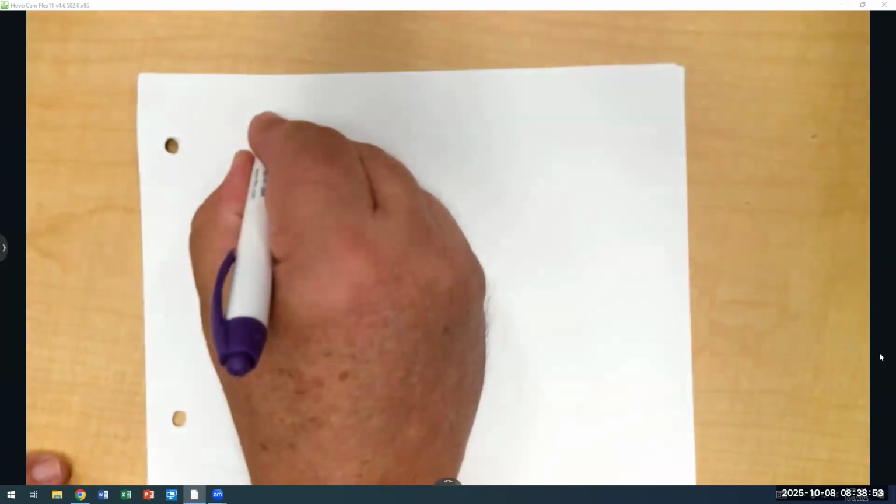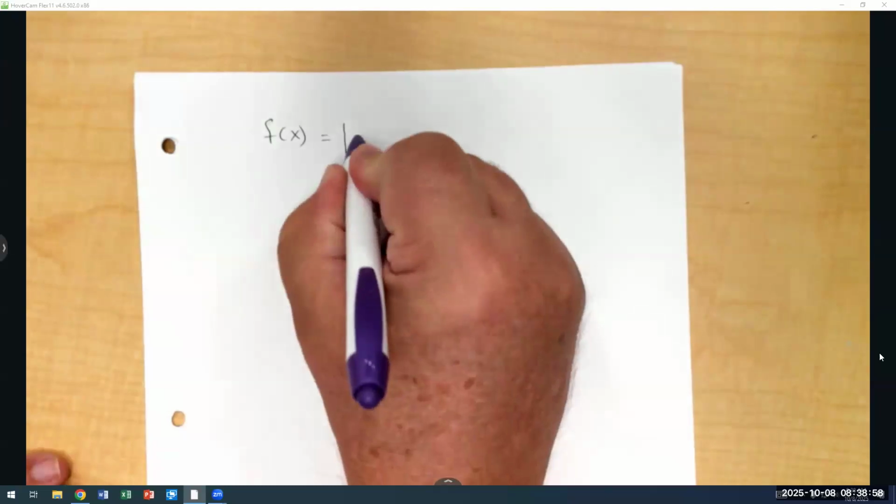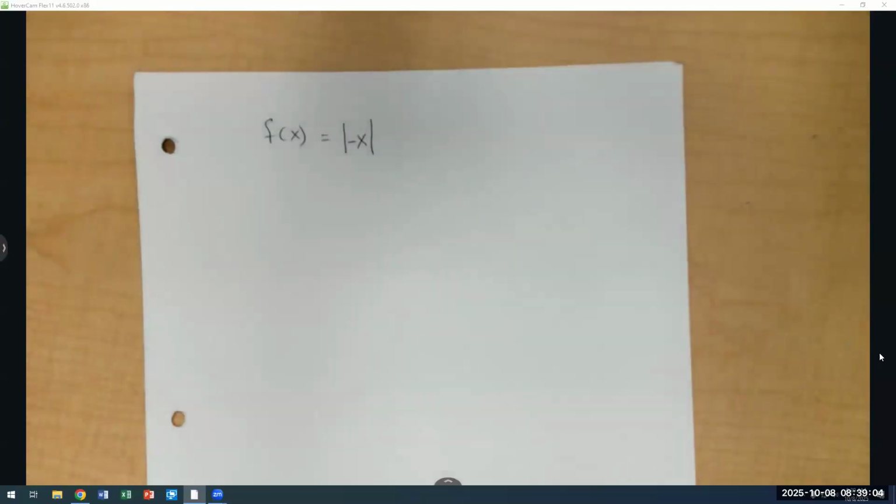Okay, here's another example. Draw this graph.